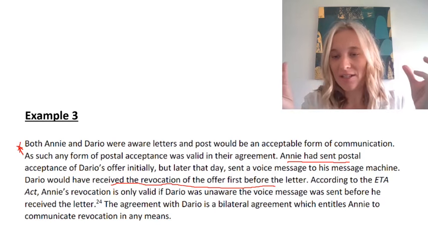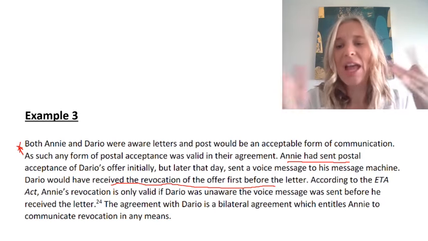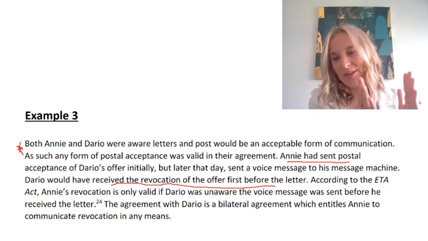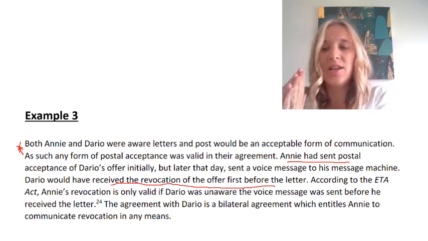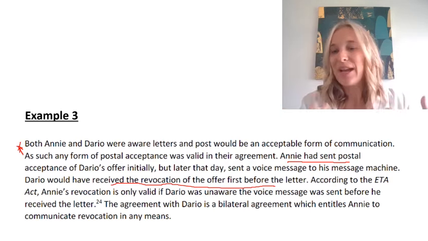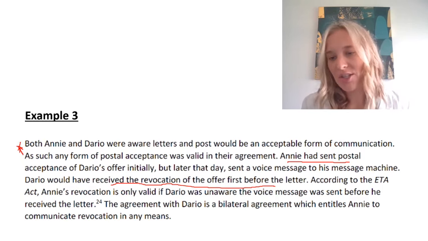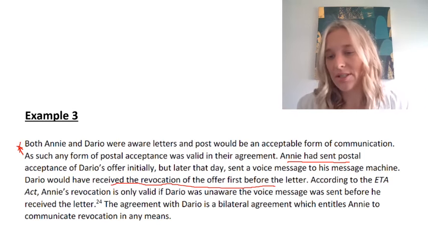Okay, so here's the fact about the withdrawal, the potential withdrawal by speedy means, and then here's what the outcome would be if this authority is applied, and here's what the outcome would be if this other authority was applied. And then to be able to get into those upper mark ranges, the student would then have needed to have talked about which authority they found more persuasive, because the law is unsettled on this issue in Australia.